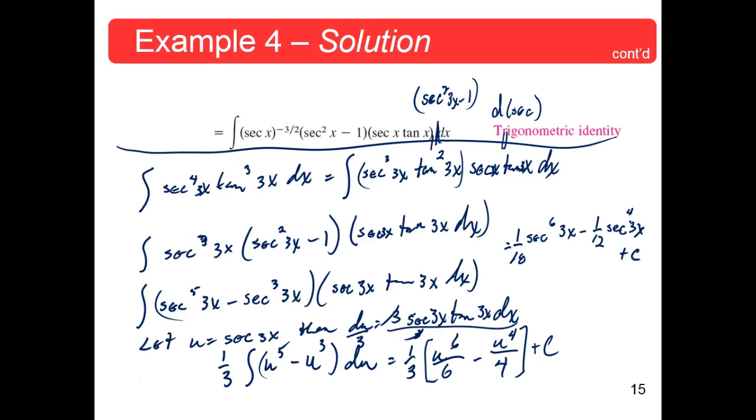So whichever way you think would be preferable, what you would do if you're trying to use the Pythagorean identity is write this as secant squared cubed, and that's not that hard to do.